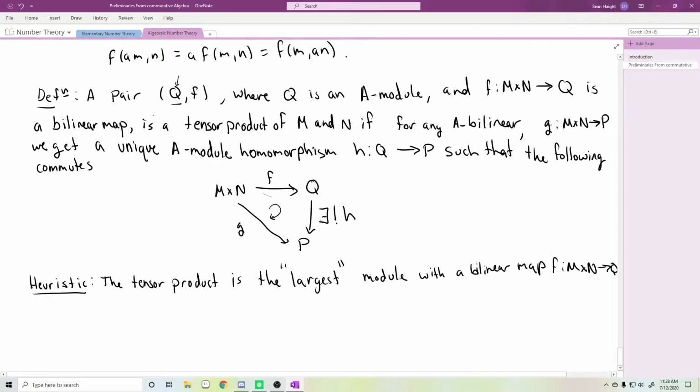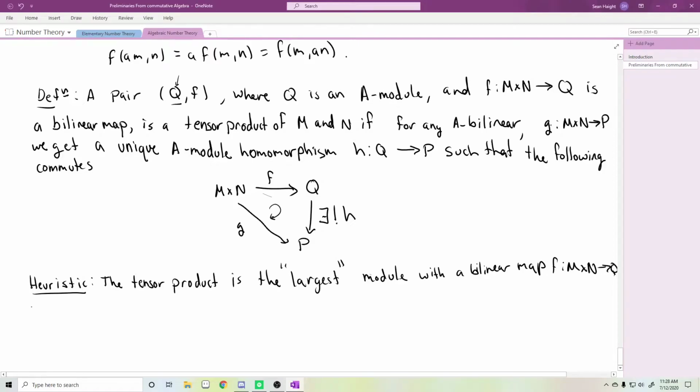It's a very common abusive notation. So the tensor product is essentially a big module that every bilinear map from N cross N factors through.